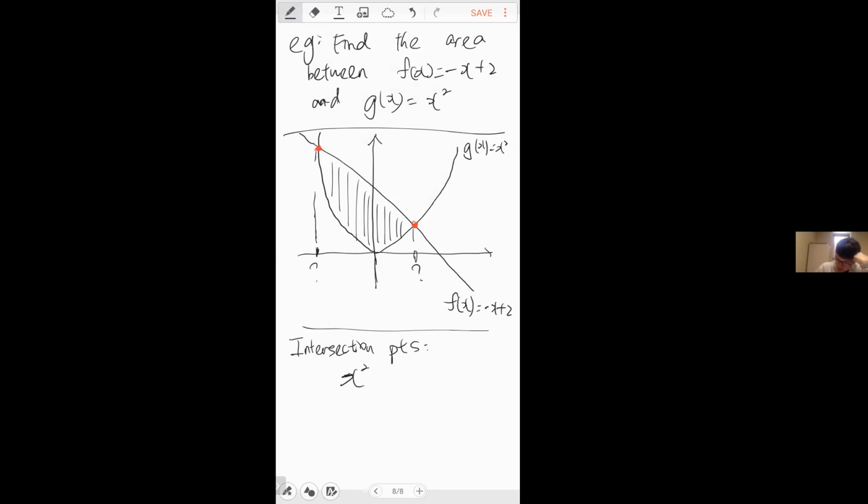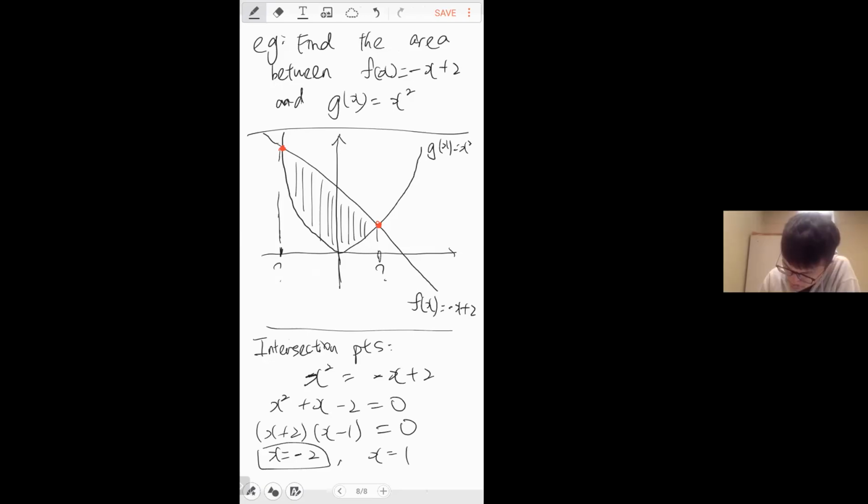So you set x squared and negative x plus 2 to be equal. And so what you get is x squared plus x minus 2 equals 0. Factor that, you get x plus 2, x minus 1 equals 0, which means you have x equals negative 2 and x equals 1.